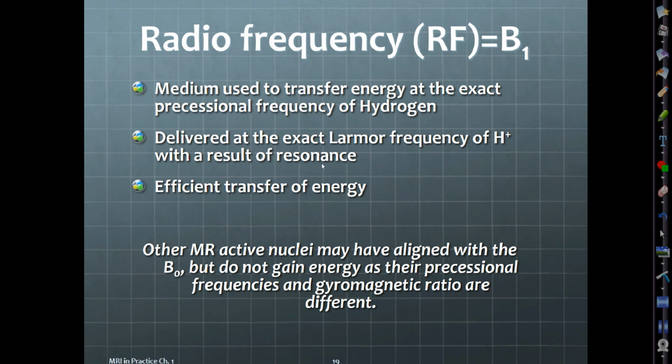And resonance is really just an efficient transfer of energy from one medium to another. Here it says other MR-active nuclei, like carbon and oxygen, may align with B sub 0, but they're not going to gain energy as their precessional frequencies and gyromagnetic ratios are different. So once again, we're ignoring those other MR-active nuclei.